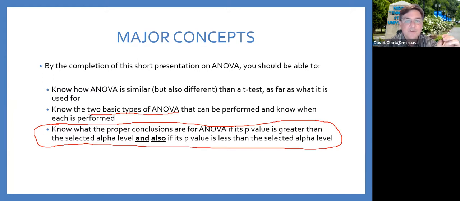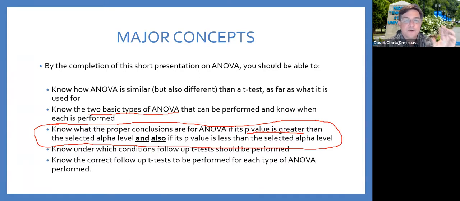And it's all going to be about this p-value here. And there's conclusions if it's greater, there's conclusions if it's less. You're going to know when you do follow-up tests, and you're going to know what the correct tests to perform are, and that's it.